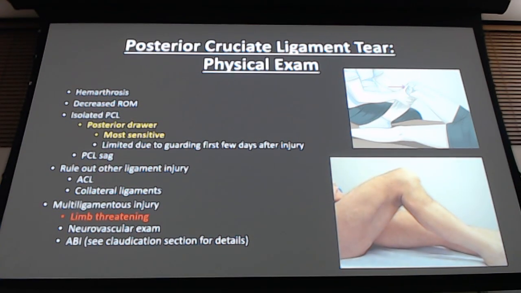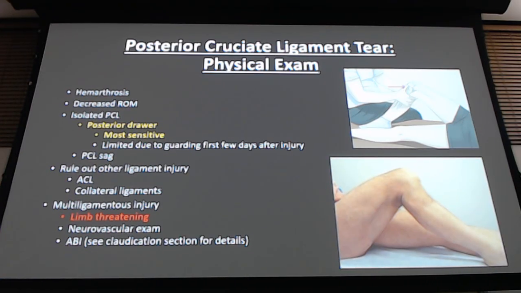All right. Physical exam. Hemarthrosis, bleeding into the joint. Okay? Remember, when the ligament tears, both ends bleed. So you can get a pretty significant amount of blood into the joint itself, and therefore they have restricted motion, which again leads to a limited exam. Decreased range of motion, like I just said.